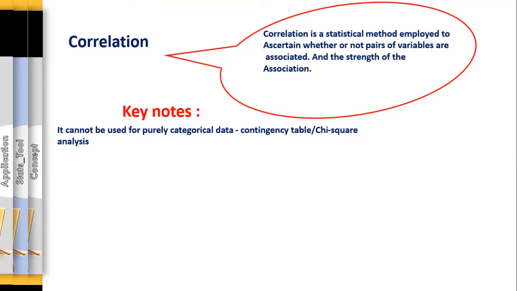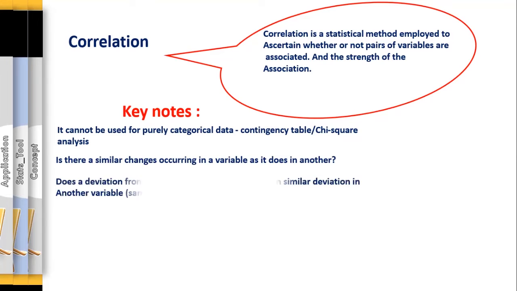Well, the difference is that whilst correlation analysis focuses on continuous variables, chi-square or contingency table analysis focuses on categorical data sets. Now, in doing correlation analysis, there are a few questions that one needs to ask him or herself. The first one is, is there a similar change that occurs in a variable as it does in another variable?